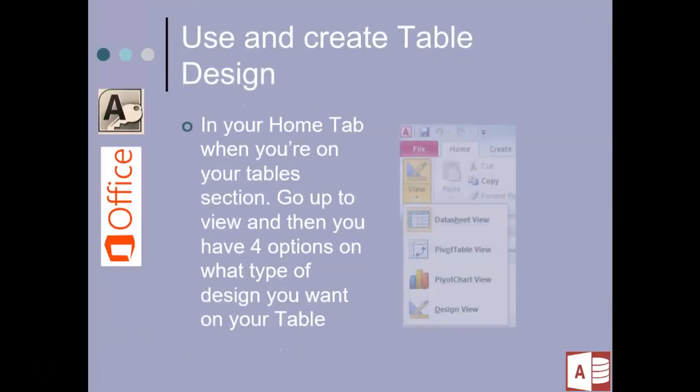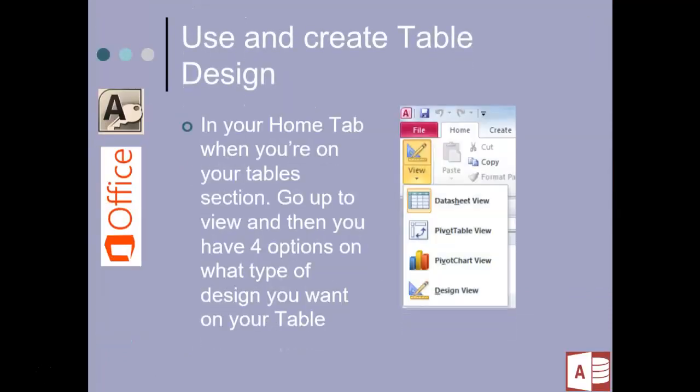This one shows you how to use and create your table design. When you want to design your table, you go to your Home tab, and in the Tables section, you go up to View, and then Design View. You can also choose Datasheet View, PivotTable View or PivotChart View, and select any type that you want.